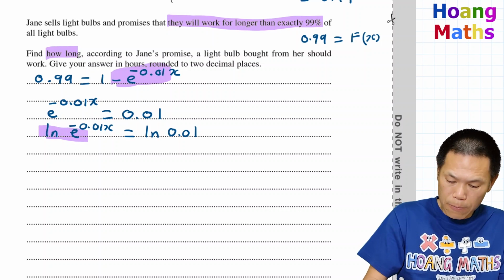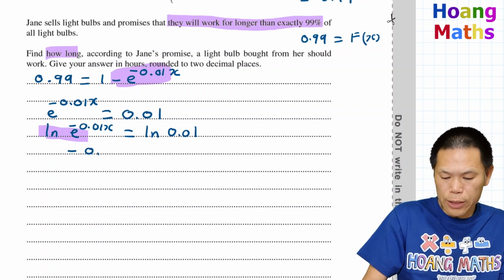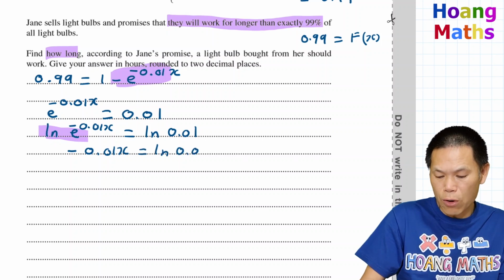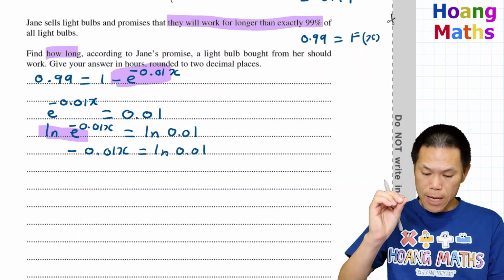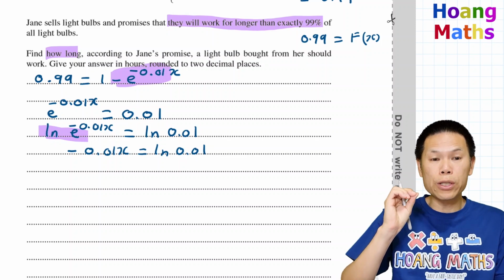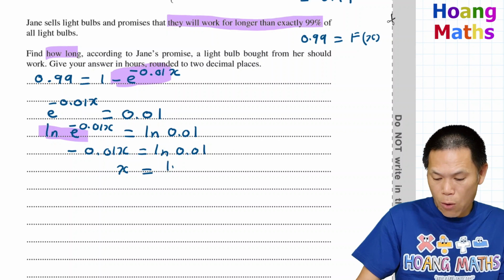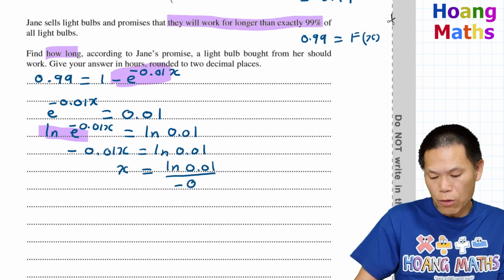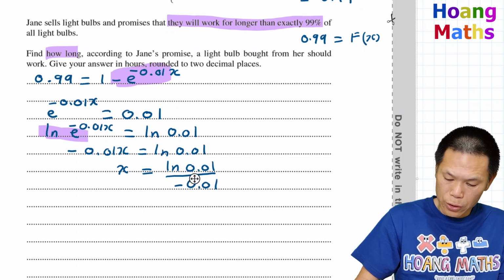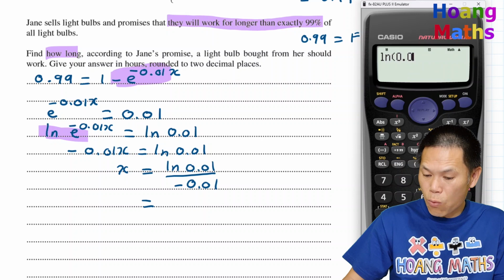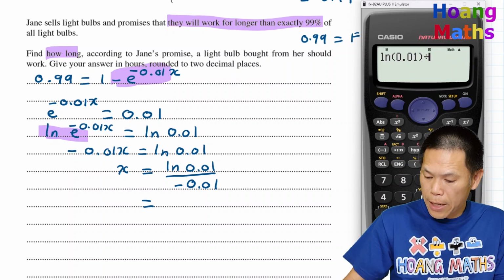Of course, these two cancel out. So that will give me negative 0.01x equal to ln 0.01. So I divide by negative 0.01 on both sides. So x is ln 0.01 over negative 0.01. So just go ln 0.01 divided by negative 0.01.